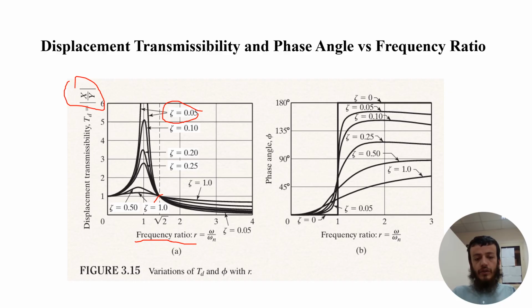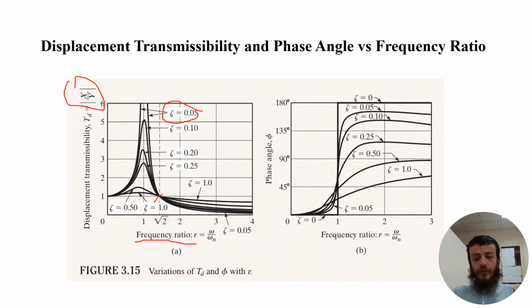This is a short demonstration. We can design different systems that have base harmonic motion by this relation. If you understand it well, we also have the frequency ratio versus phase angle chart here.